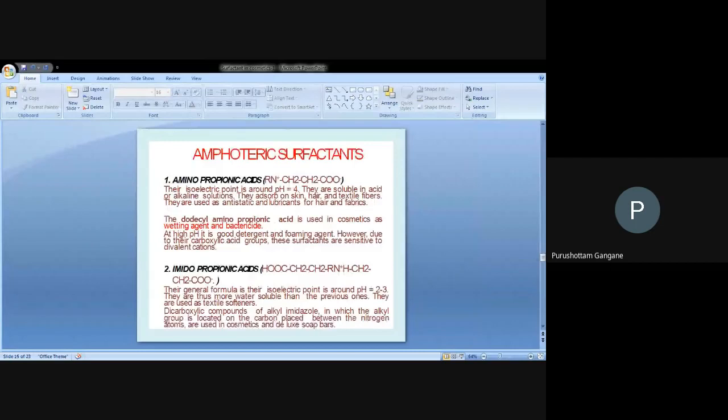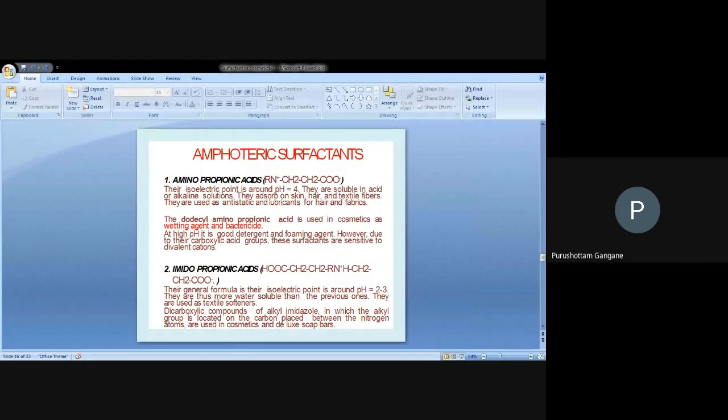Some examples of these amphoteric surfactants are aminopropionic acid and imidopropionic acid. Okay, their properties are also given. When we are talking about aminopropionic acid, their isoelectric point is around pH 4. They are soluble in acid or alkaline solution. They adsorb on the skin, hair, and textile fibers, and they are used as an antiseptic and lubricant for hair and fabrics. Okay.